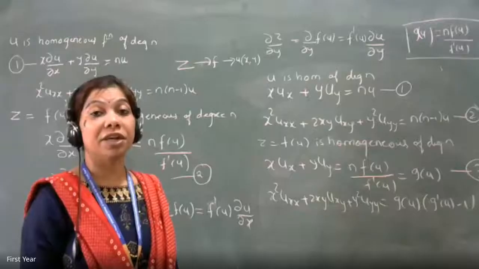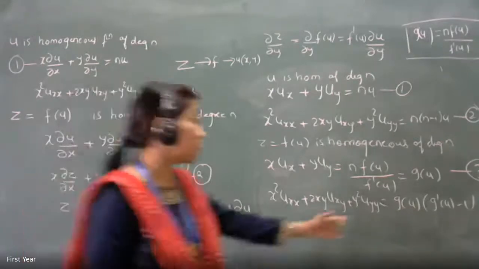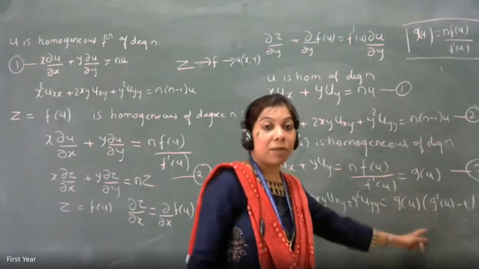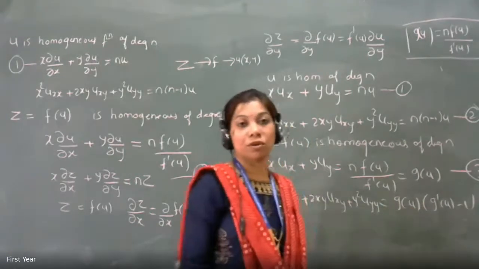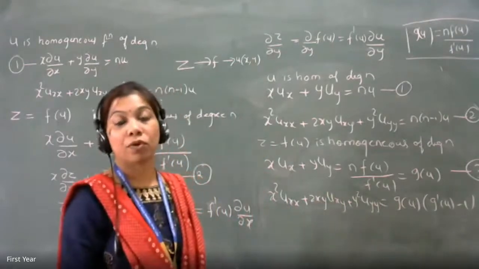Sec square. Derivative of tan theta is sec square theta. Okay? Clear? Again, you are not going to write del by u by del by x because the derivative is with respect to u. If it was not, I would have mentioned del by x of g of u. It's not like that. It is del by u of g of u. So g dash of u. Okay?